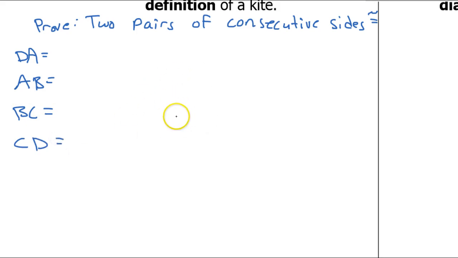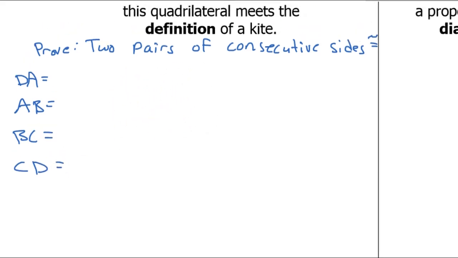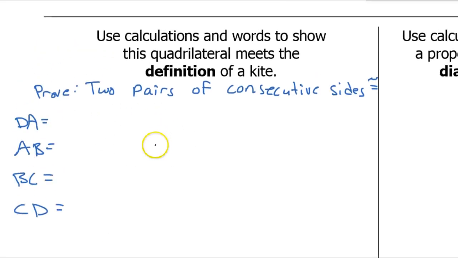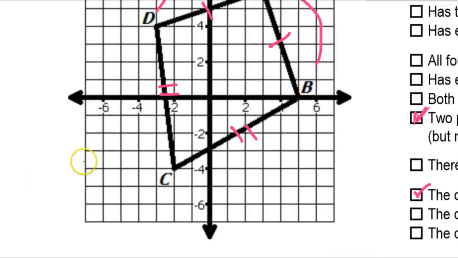Once we have all these lengths, we can see if consecutive sides are congruent, because consecutive ones will be right next to each other. Okay, so how will I find the length of DA?